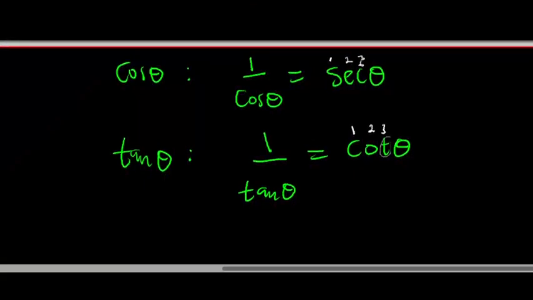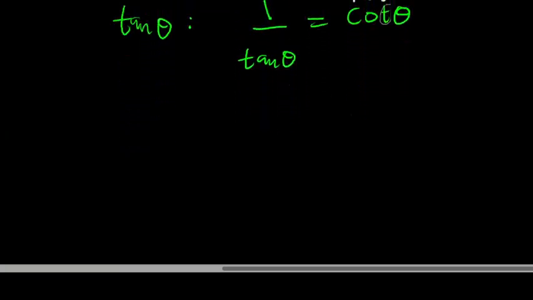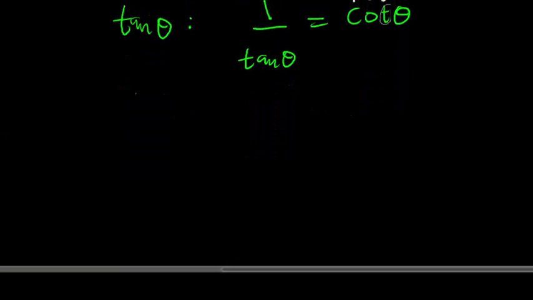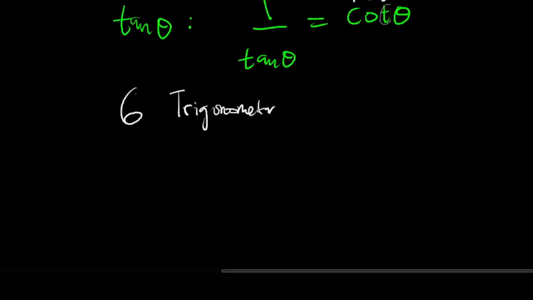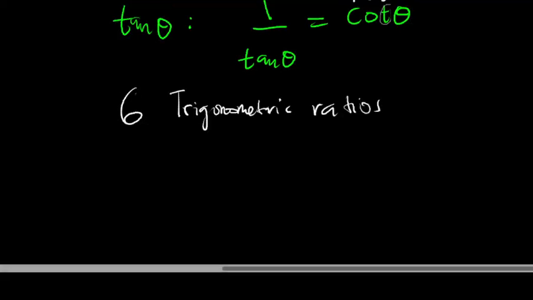Now, since we have been able to do that, generally we have 6 trigonometric ratios. You have to put that at the back of your mind. We have 6 trigonometric ratios.